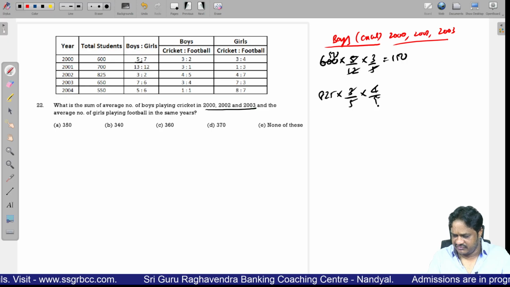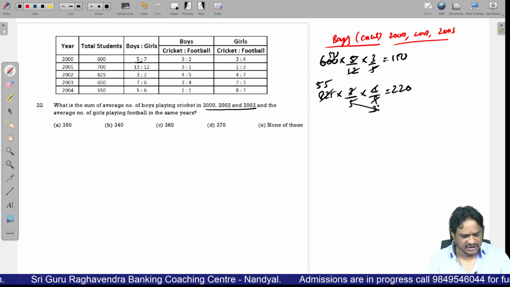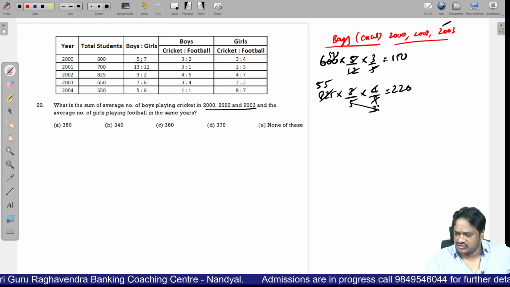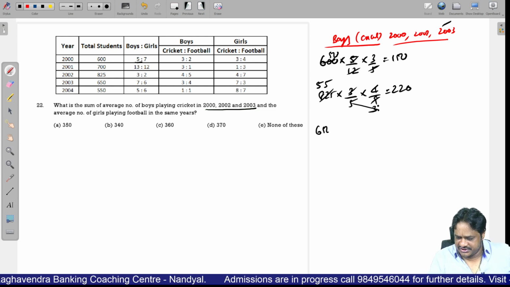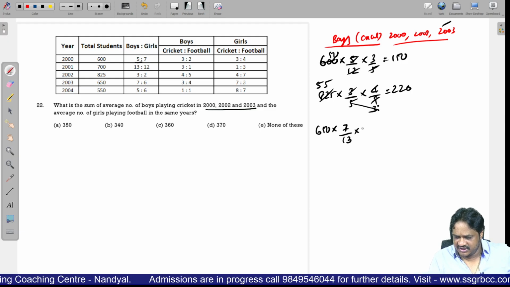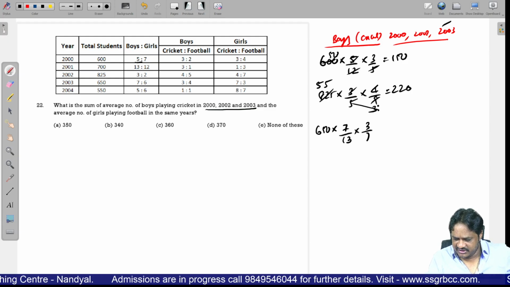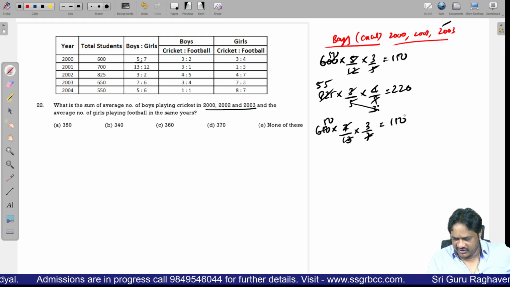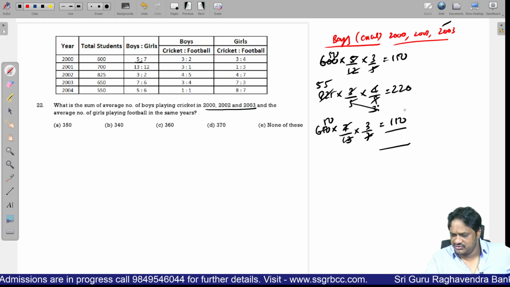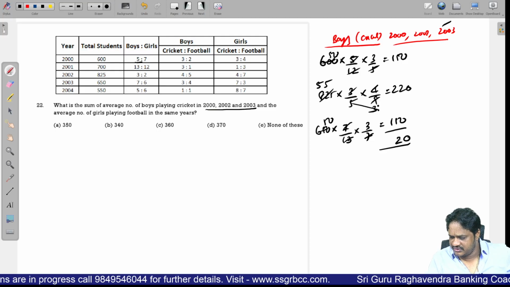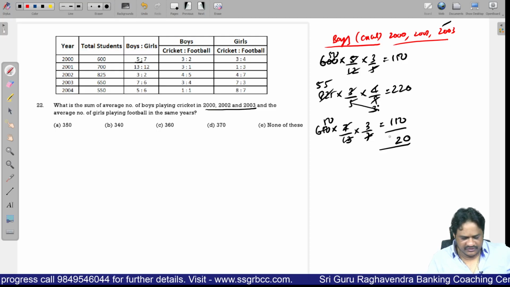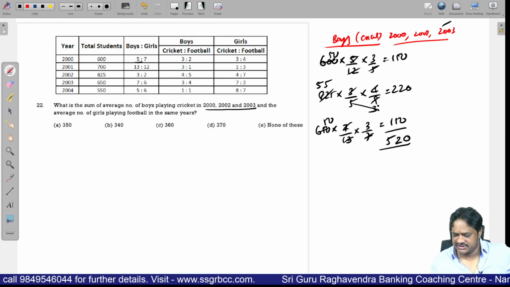See here 3 ones, 3 threes, 5 into 3 is 15, 15 fives, we will get 220. Now 2003 total students are 650. In this boys will be 7 by 13. In this cricket will be 3 by 7. 7 and 7 cancel, it is again 150. So total value we are going to get is 520. This is about boys.